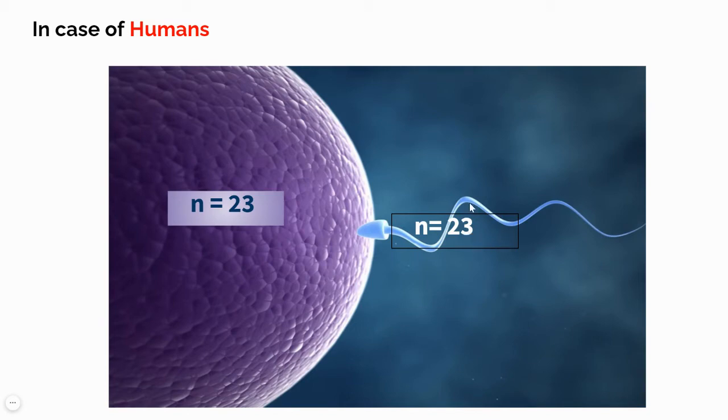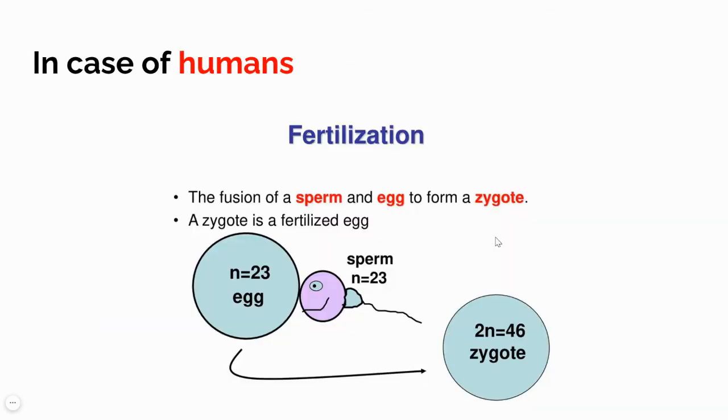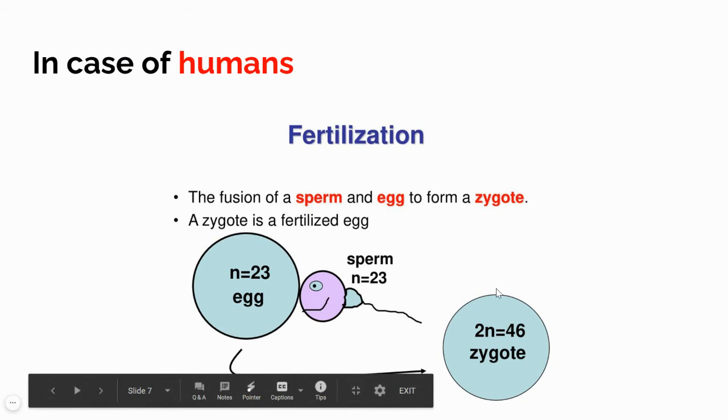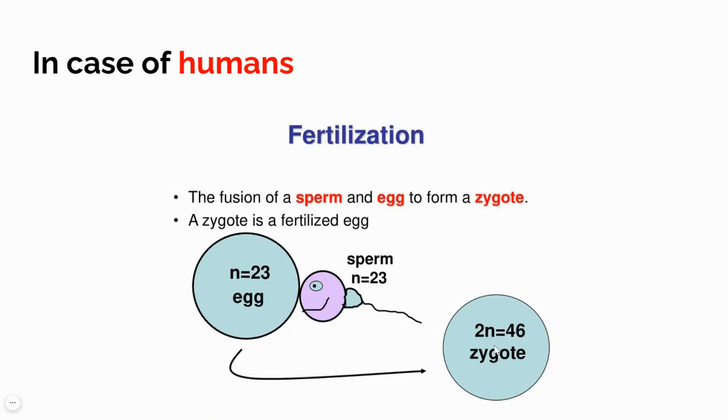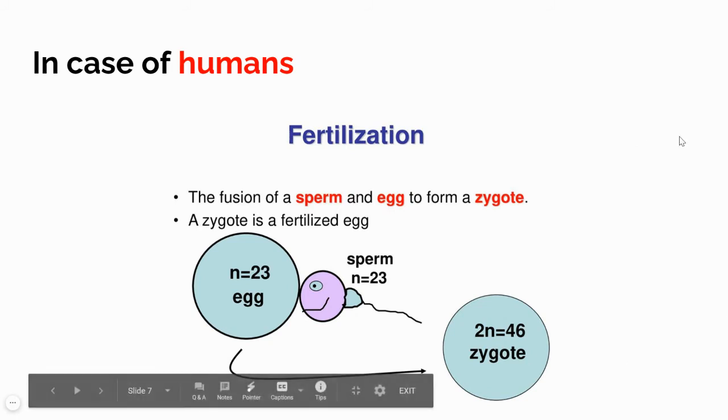During fertilization, when the sperm and the egg fuse, they will produce a zygote, and the zygote will have n plus n, that is 2n, that is the double number of chromosomes, 46. So the zygote which is formed will have the full set of chromosomes now, and this zygote will then divide and redivide and increase the cell number and size, and later become an embryo and then a baby.